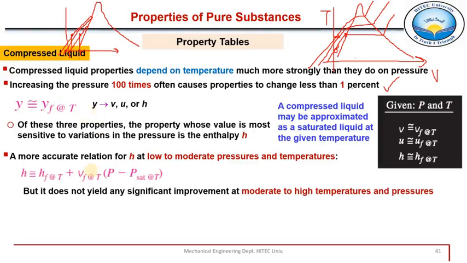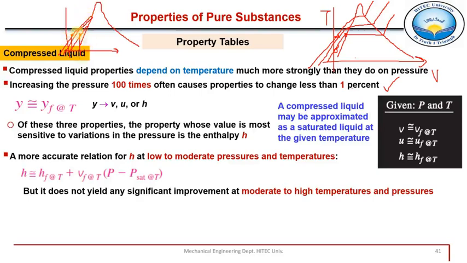Right, but even this will not yield any significant improvement at moderate to high pressures. If the pressures are very high, for example you are in this region, then even this modification may give large errors, and then you may have to consult the correct value from the compressed liquid region table.